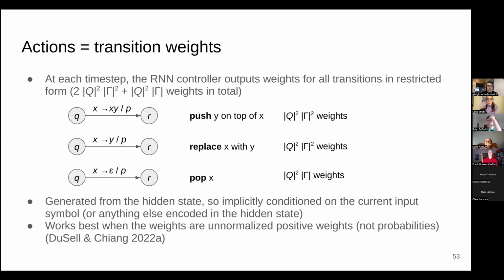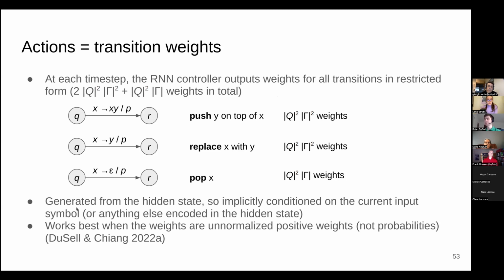Now, I want to reiterate that the actions that are output by the controller and sent to the PDA simulation are the weights of the transitions. So the controller outputs a weight for every possible transition in restricted form. This gives us 2 times q squared gamma squared plus q squared gamma weights in total.